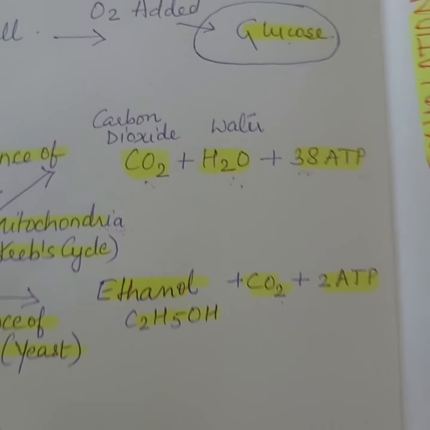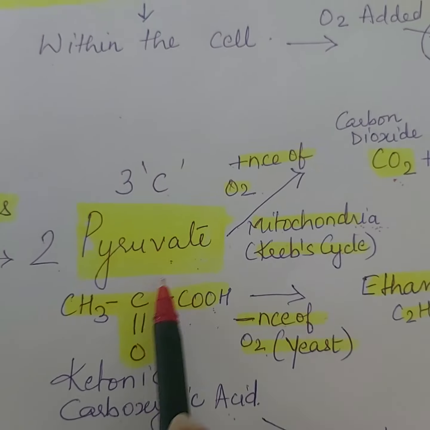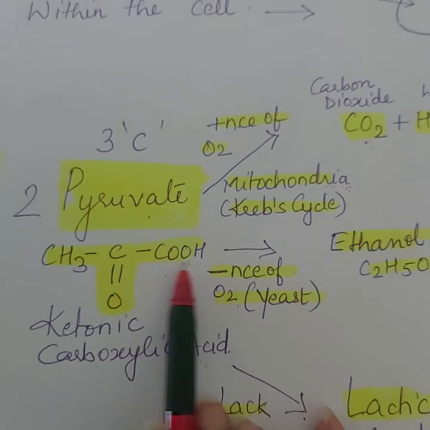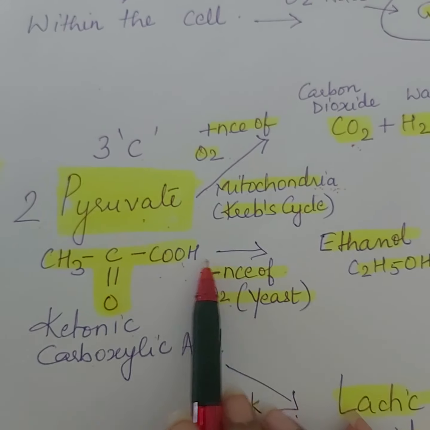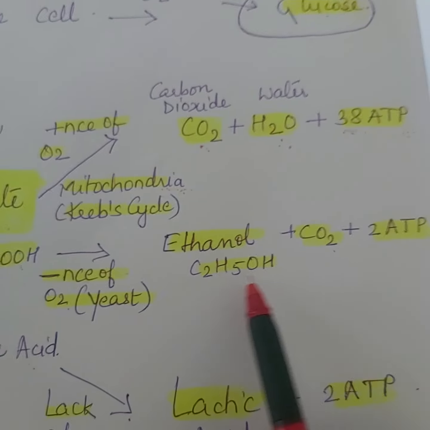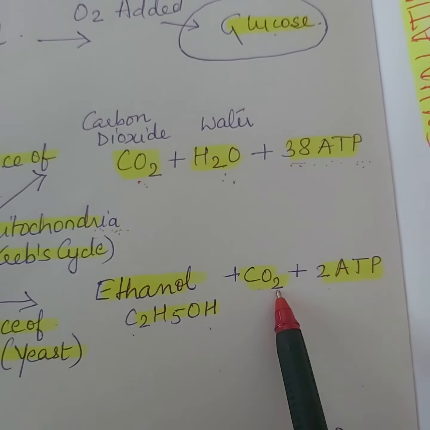Now children, why less amount of energy is produced? Because there is incomplete breakdown. Had it been complete breakdown, then all the bonds should be broken to get a single carbon, just like aerobic respiration. But you can see this is a 2-carbon and 1 more carbon, right?